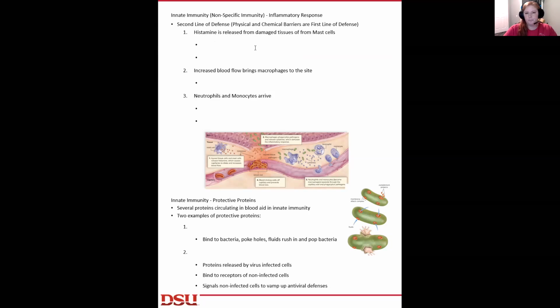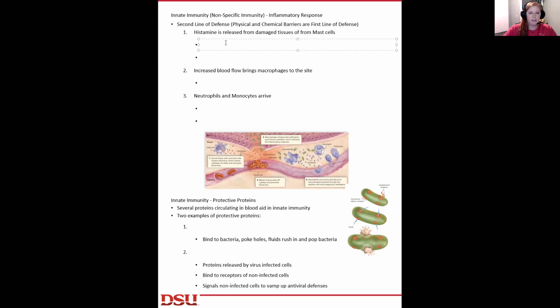So remember that the skin, physical and chemical barriers are considered the first line of defense. The second line of defense is innate or non-specific immunity. Remember that this engages pretty much immediately upon exposure to a pathogen.